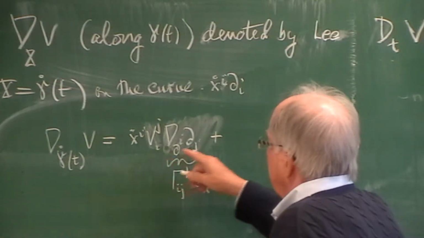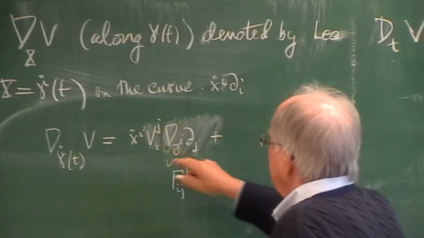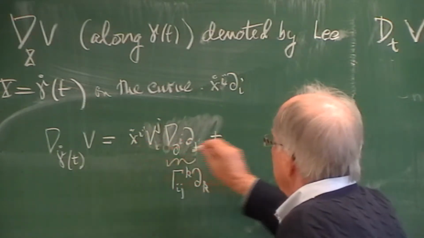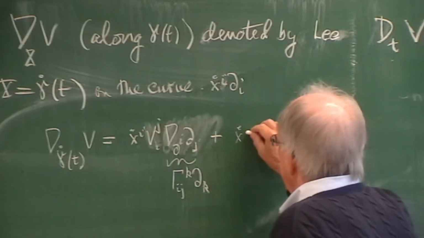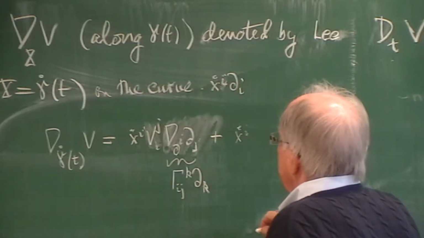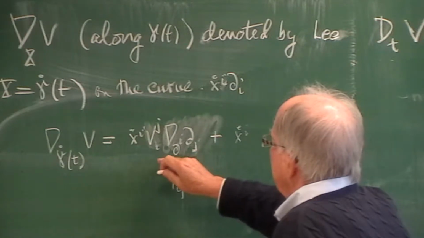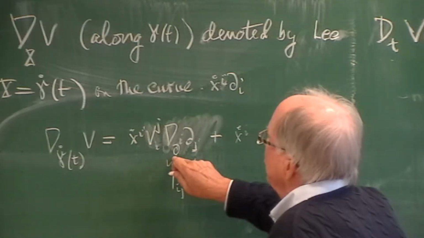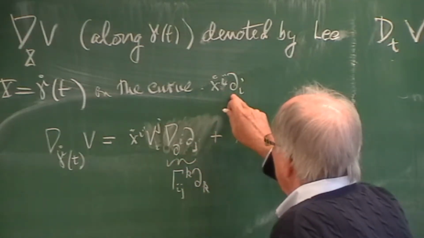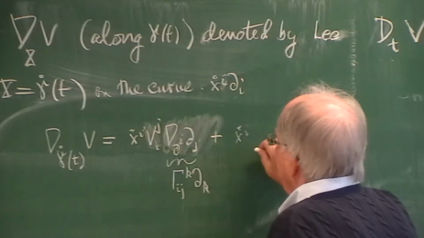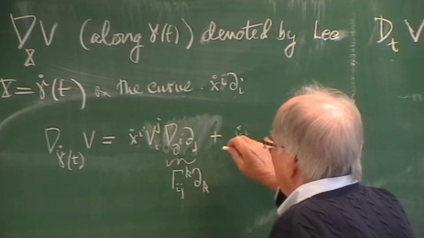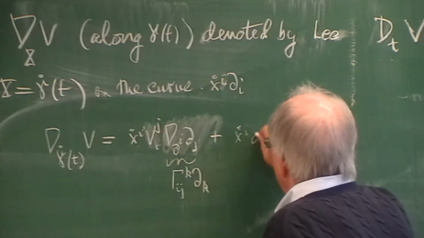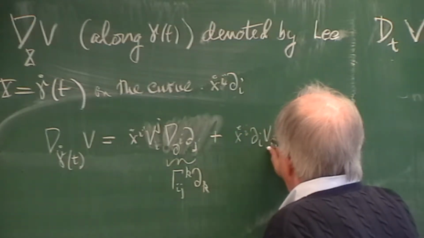And now we have to differentiate the coefficients V^i. Of course, it's linear in this thing, so it's the x point i. Now we have to differentiate with respect to this guy, the coefficients of V^j. So d_i of V^j.